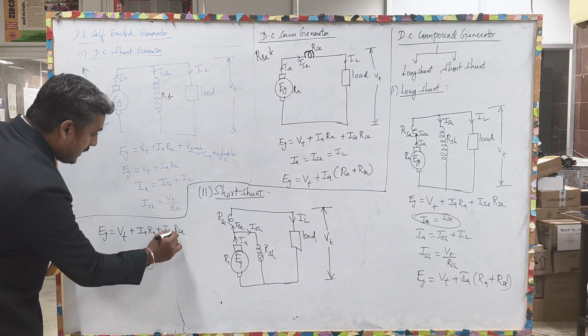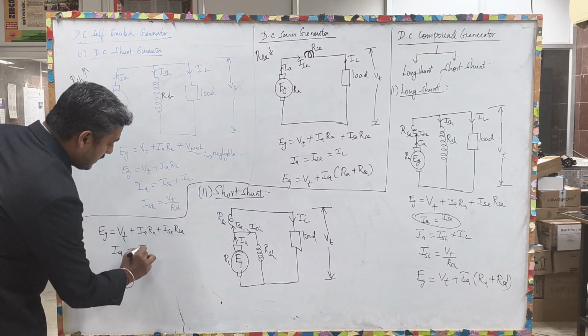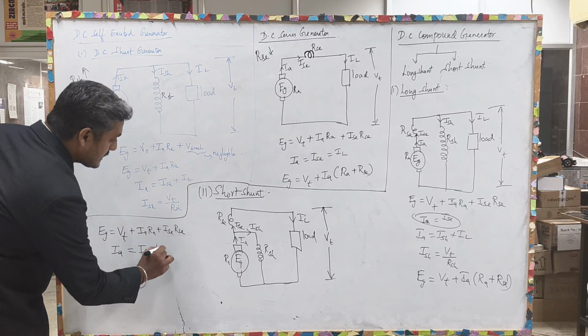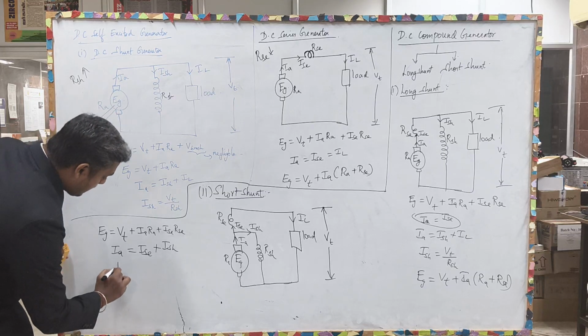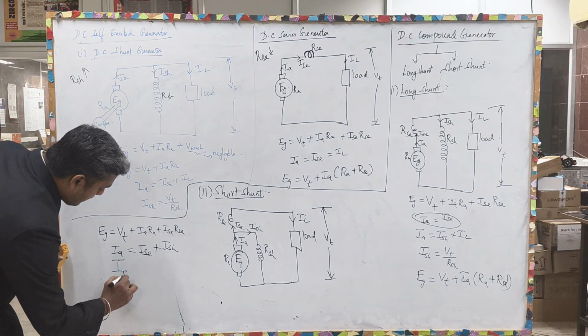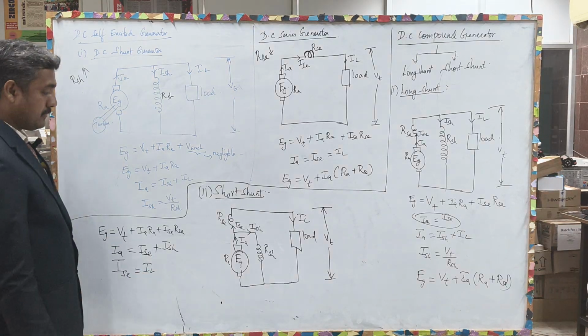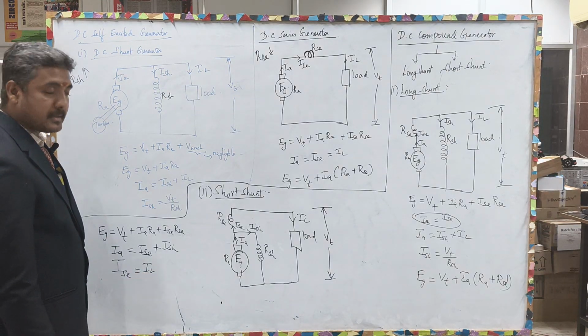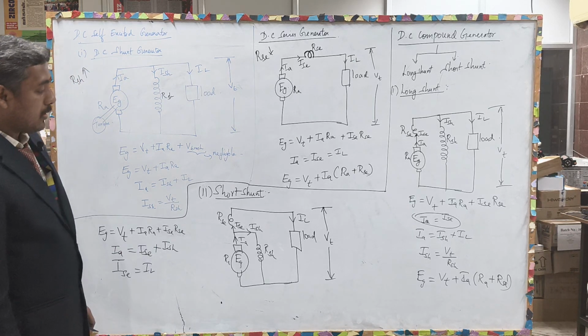Now here Ia equal to Ise plus Ish, and Ise is equal to IL.